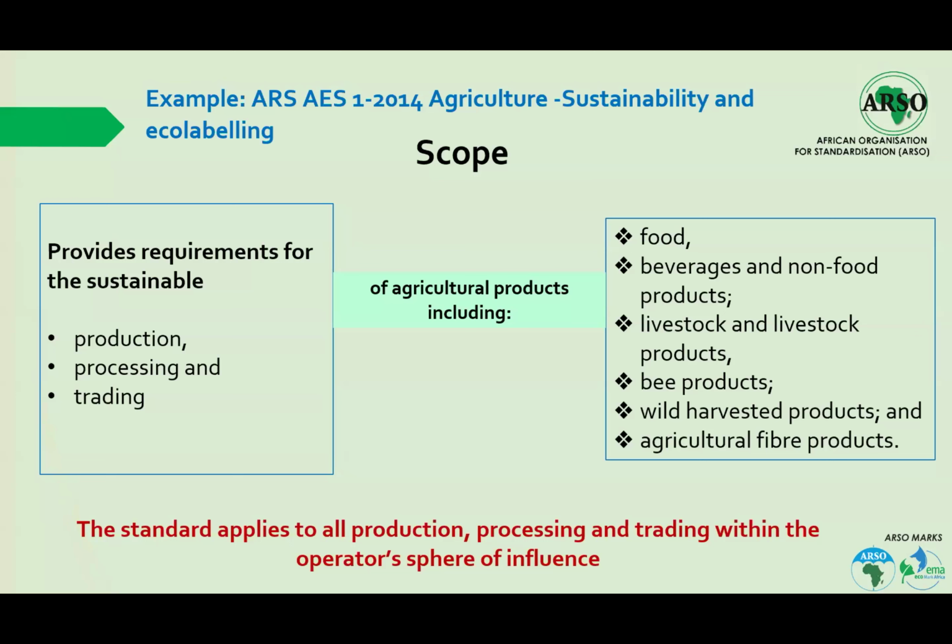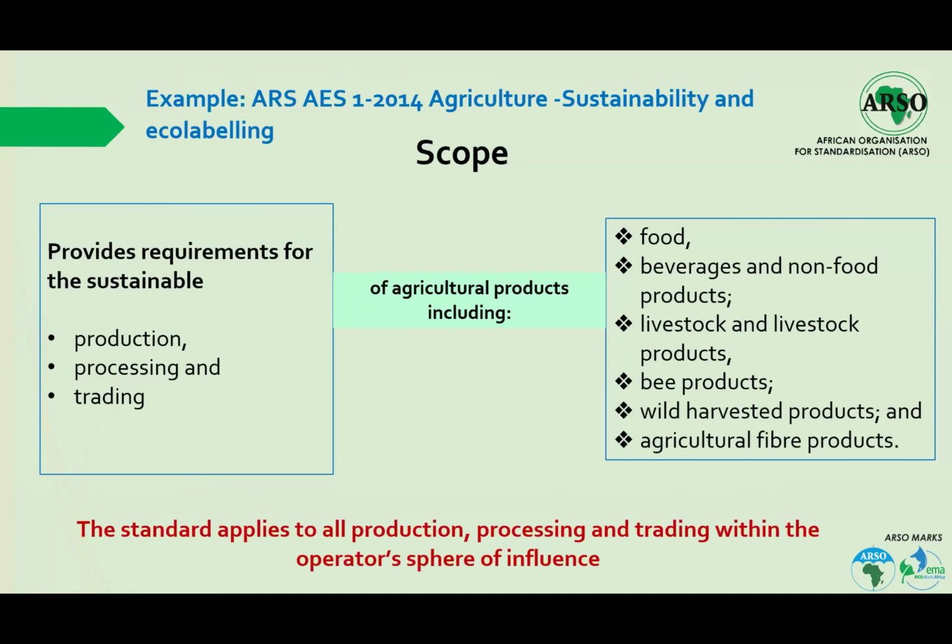It can cover food from the agriculture sector. It also covers beverages and other non-food products, livestock, bee products. It covers wild harvest products, including insects. We also have SMEs that are in that particular sector. It again includes agriculture fiber products.